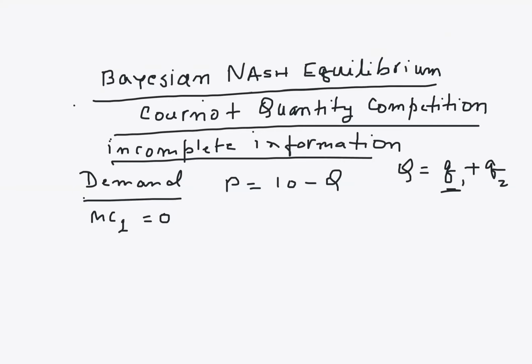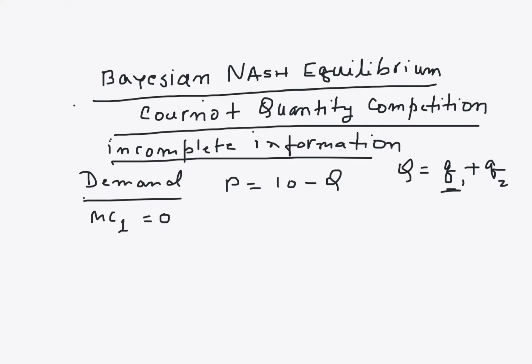That's an assumption. Firm 2's cost of production is private information, and it is selected by nature. So that's where the incomplete information aspect of the game comes from. Firm 2 knows its cost, but firm 1 does not know.